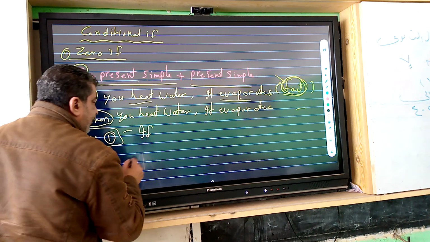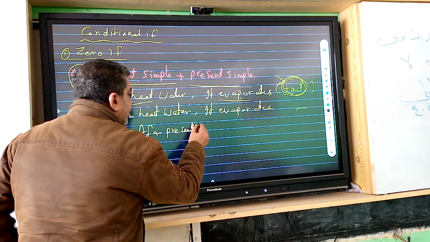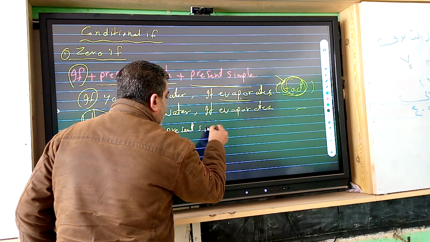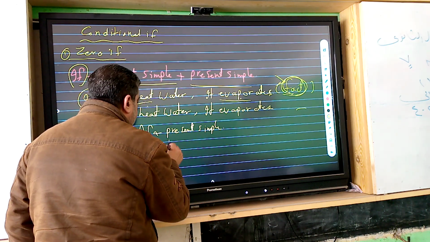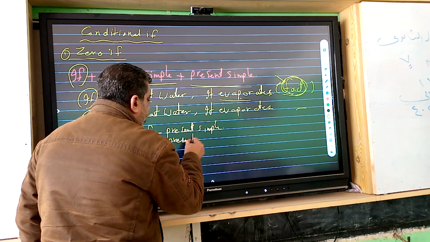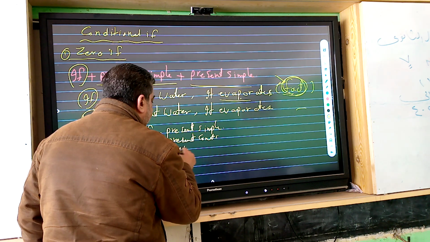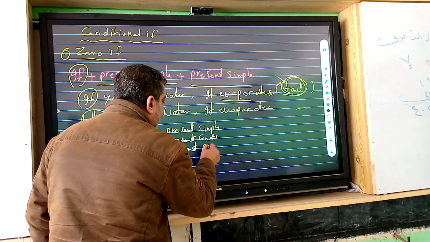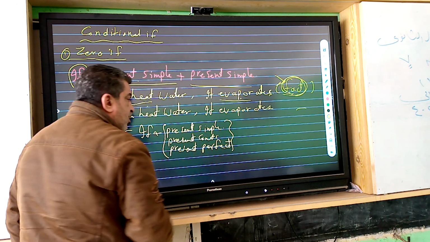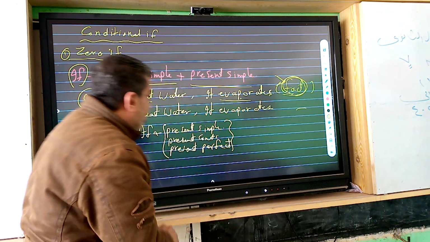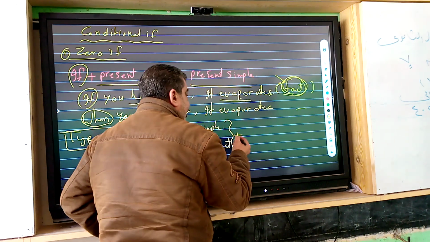We say if, present simple, okay, this is the if clause, we can say present continuous, or we can use present perfect. This is what we call the if clause. And here is the main clause.